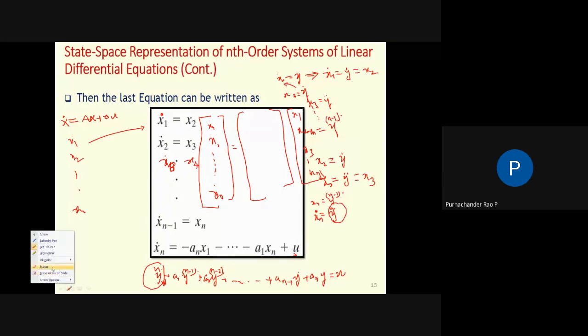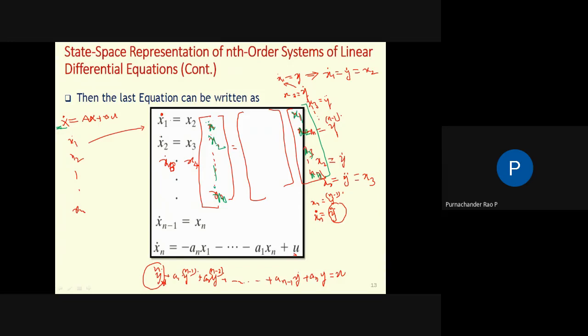I'll take another color here. So this is my state variable x dash, which is x1 dash, x2 dash, and so on up to xn dash.